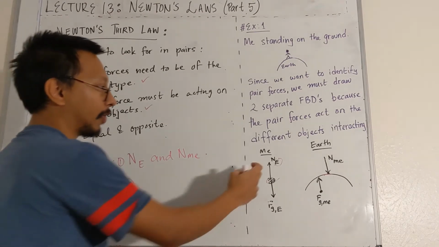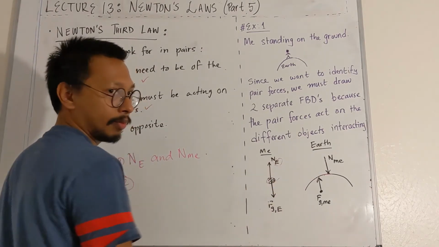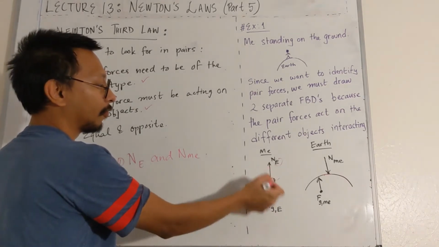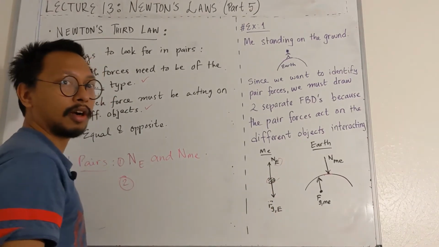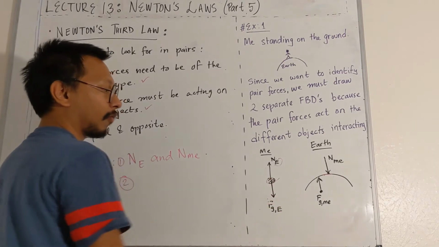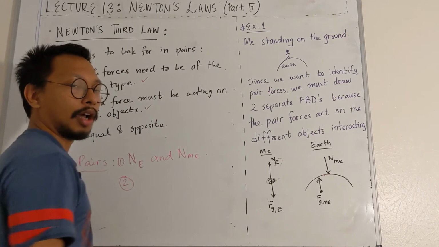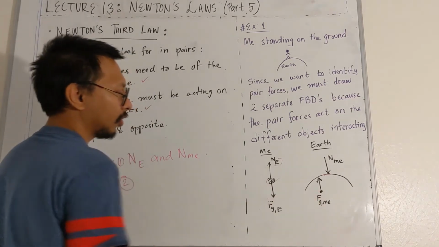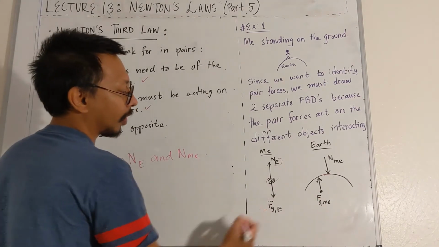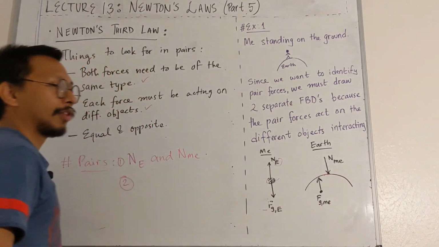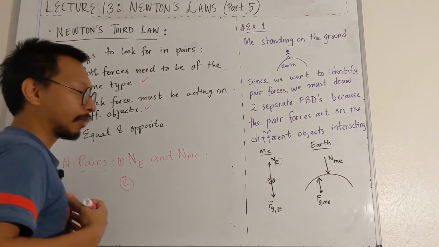Now, are there any other forces that are paired? Of course, because however many forces you draw on a free body diagram, there has to be exactly the same number of pairs. So if I have two forces on my diagram, that means each of these, the normal force and gravitational force, will have a pair to it, acting on a different object. So of course we have the gravitational force by the Earth on me, and we have the gravitational force on the Earth by me.